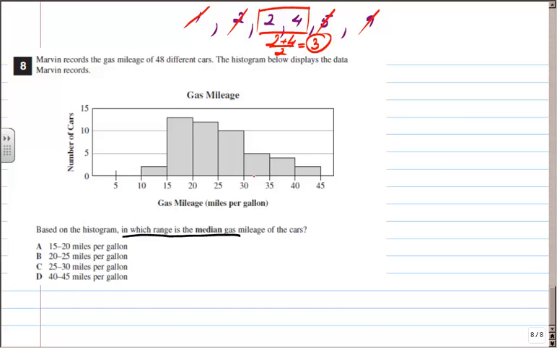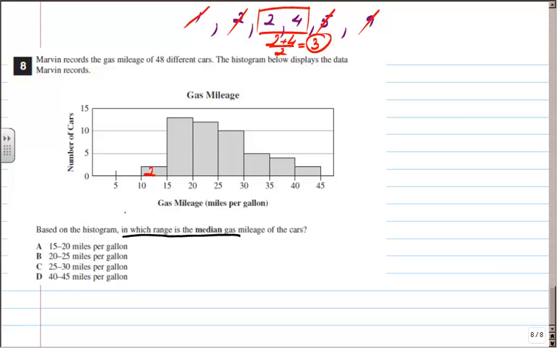But let's get back to our graph. Before you find where the median is, and we're talking about ranges here, you need to know for how many cars each range in your histogram is repeating. For 10 to 15 miles per gallon, you have how many cars?